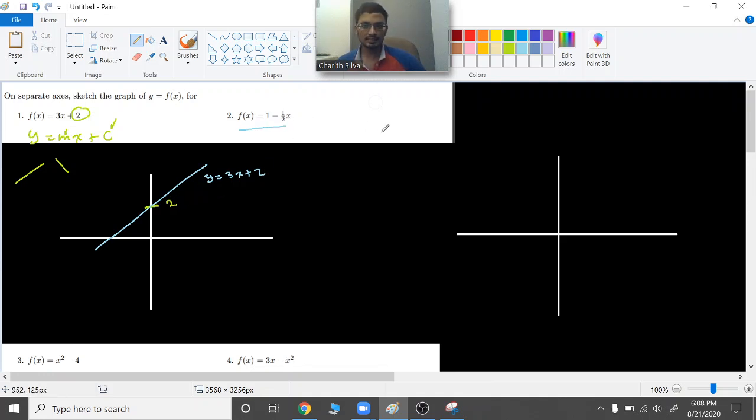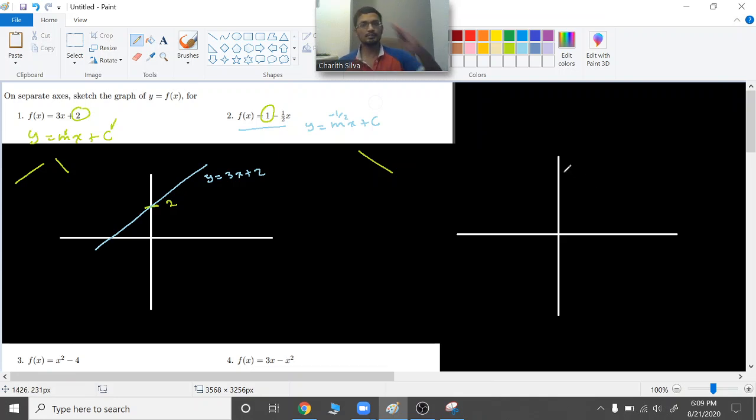And for the second graph, if you write it in the format of y equals mx plus c, it will have a negative slope, right? Negative half. So it should have a shape of this nature, and here again you will have a positive intercept.